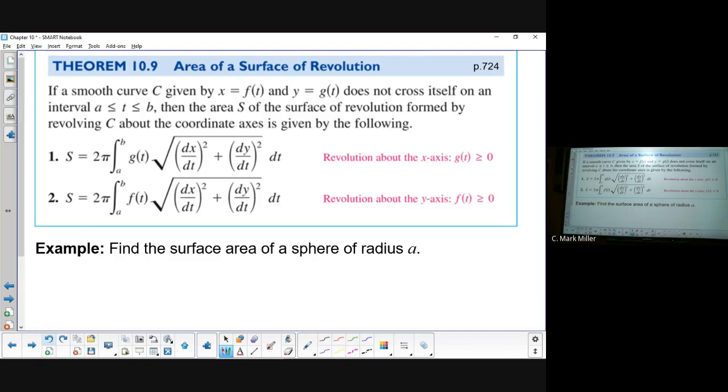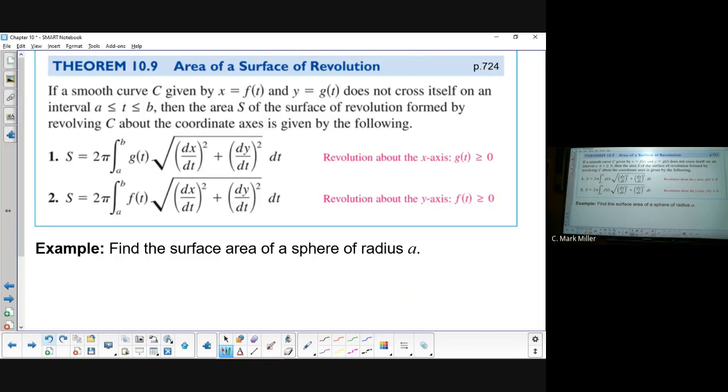If that doesn't cross itself on that interval, then the surface area of the surface revolved by forming C about the coordinate axes is given by the following. This is interesting.